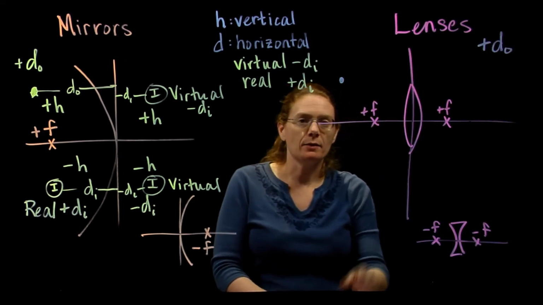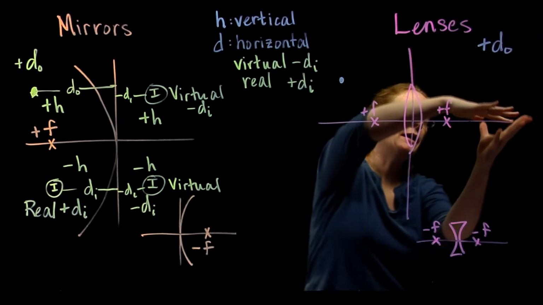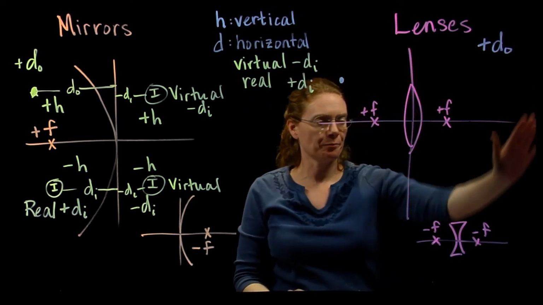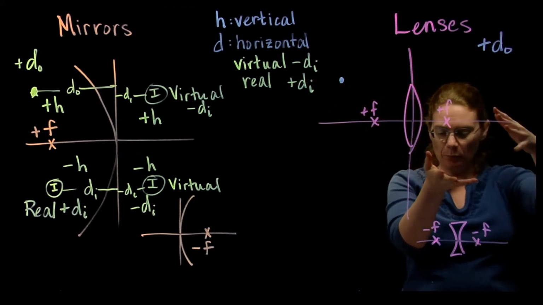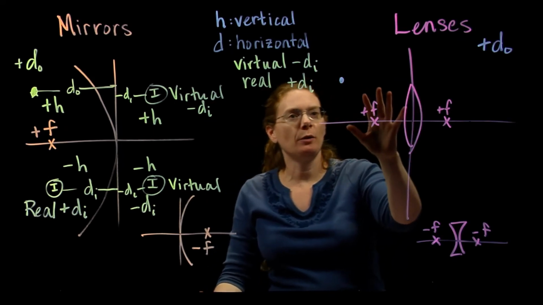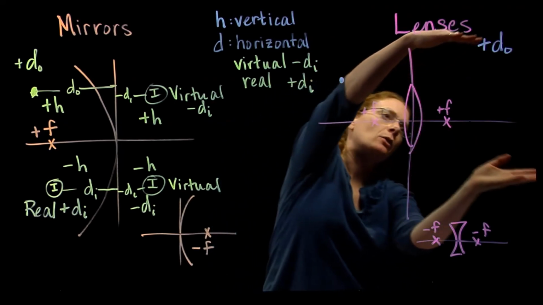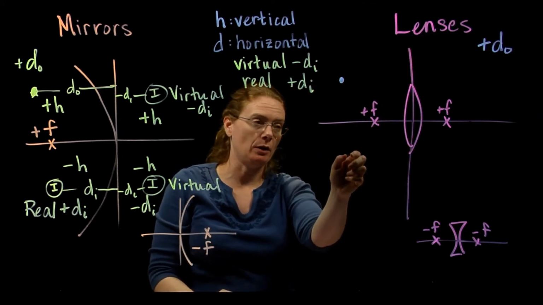And now with lenses, we want the light to be going through. The light is going to come out and it's going to go through the lens, so anything over here is going to be a real image because the light actually ends up over here. Anything on this side is going to be a virtual image because the light is going to go out here and we'd have to backtrace it. Our eye is fooled into thinking there's an image here.